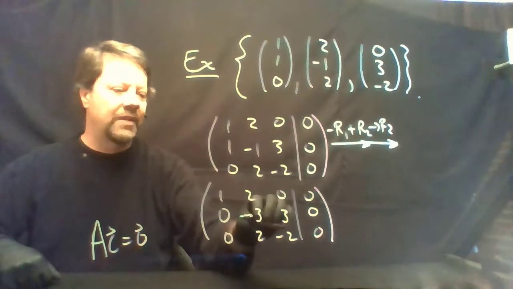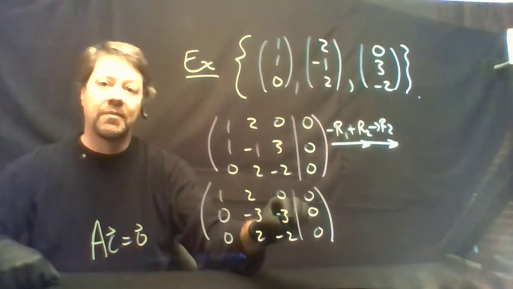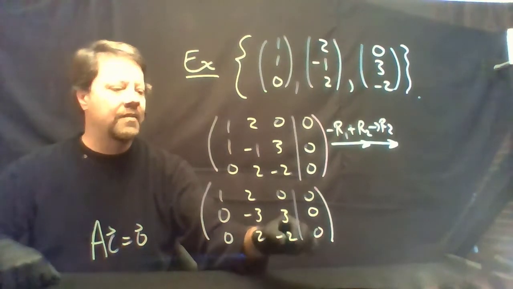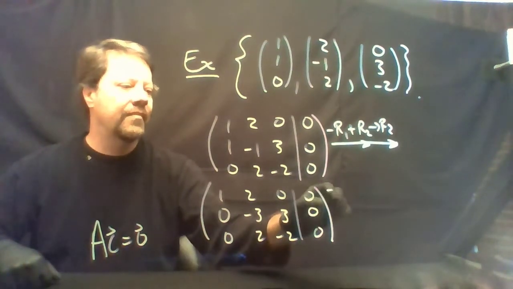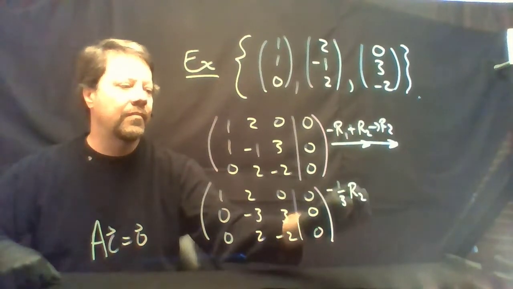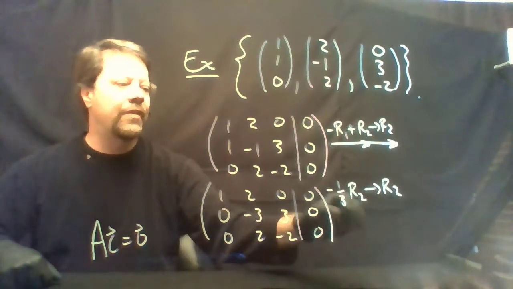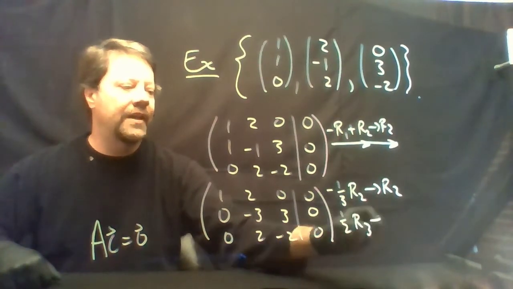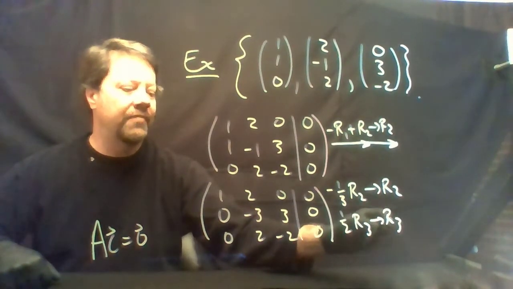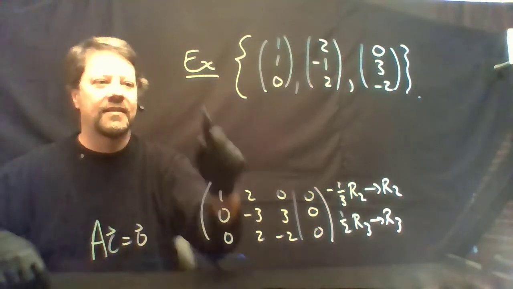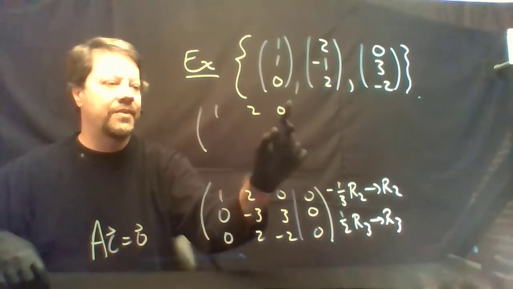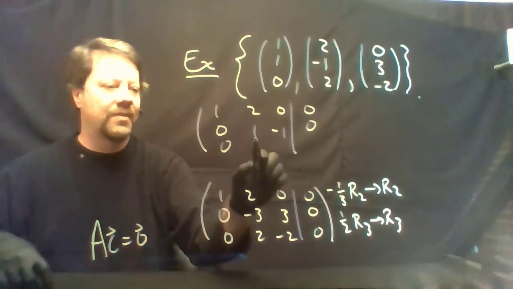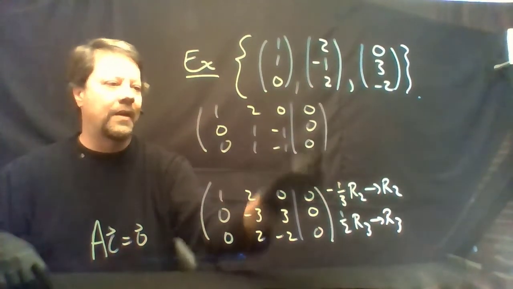Now, we can multiply the second row through by negative 1/3 and this last row through by 1/2. So negative 1/3 row 2 yields a new row 2, and 1/2 row 3 yields a new row 3. We'll have 1, 2, 0, 0, 1, negative 1, 0, 1, negative 1.